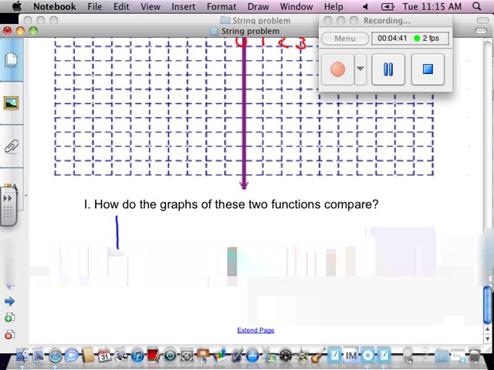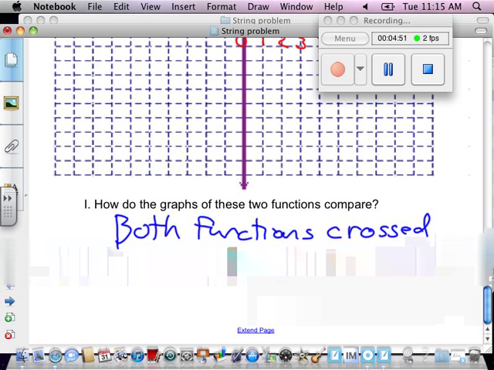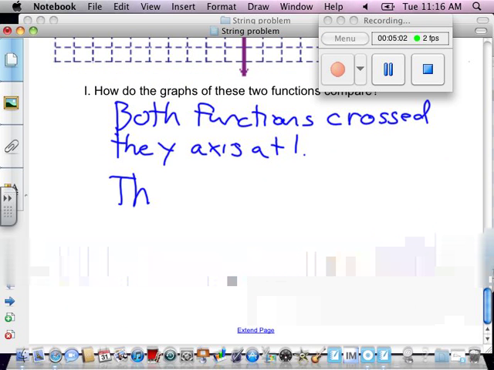Both graphs, or both functions as we'll call them, cross the y-axis at 1.